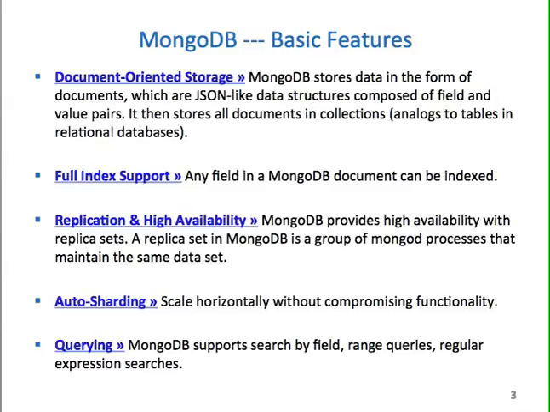MongoDB provides high availability with replica sets. It uses sharding to scale horizontally. And MongoDB supports search by field, range queries, and regular expression searches.